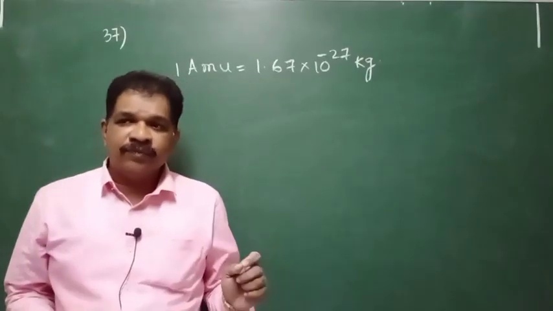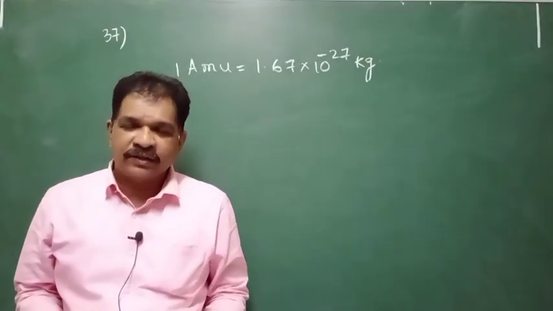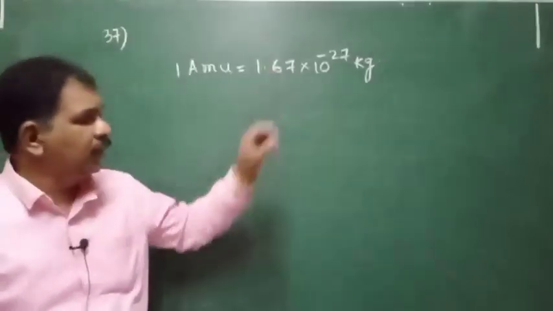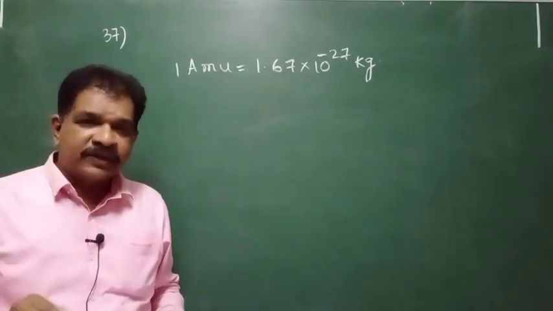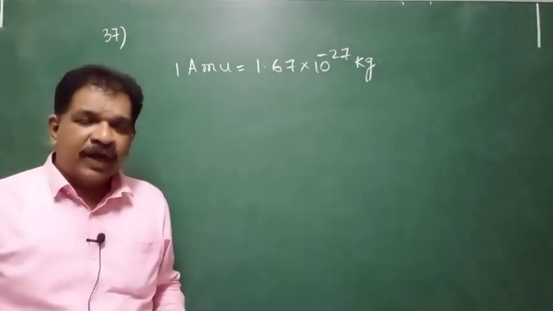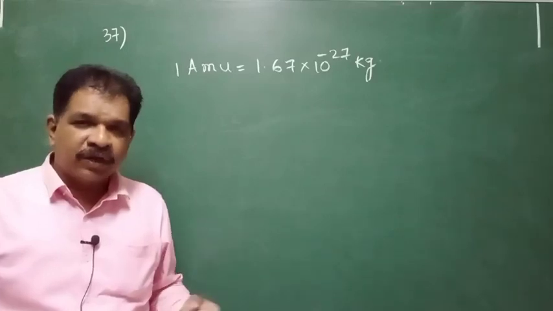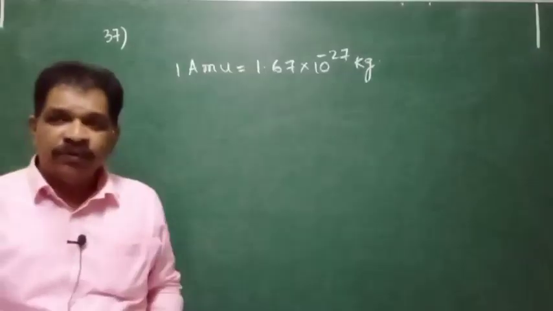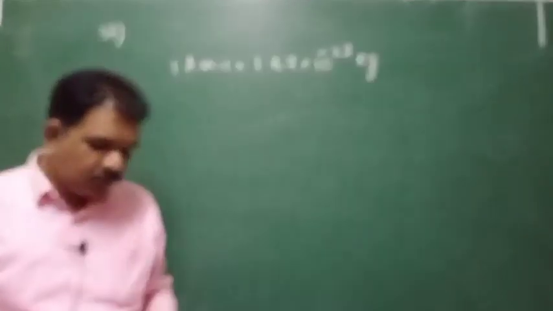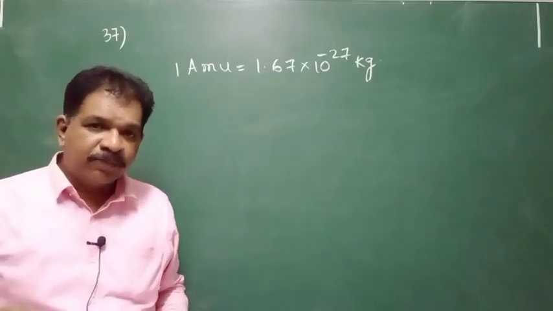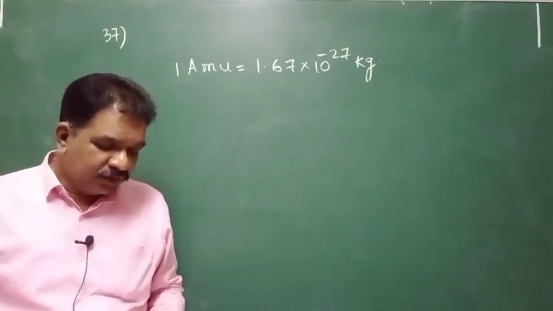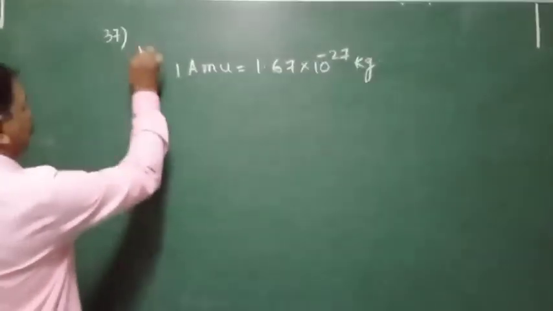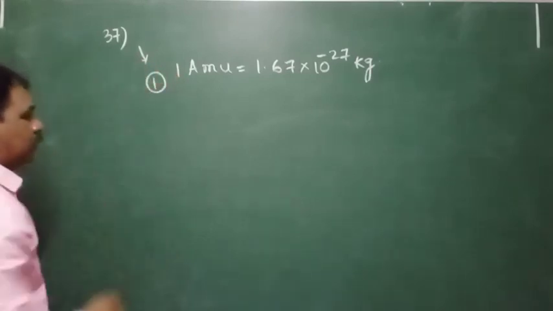AMU is the smallest unit of mass. To measure the masses of atoms and atomic particles like protons, neutrons, electrons, we will use this symbol AMU. 1 AMU is equal to 1.67 into 10 power minus 27 kg. So 37 will be the first option.